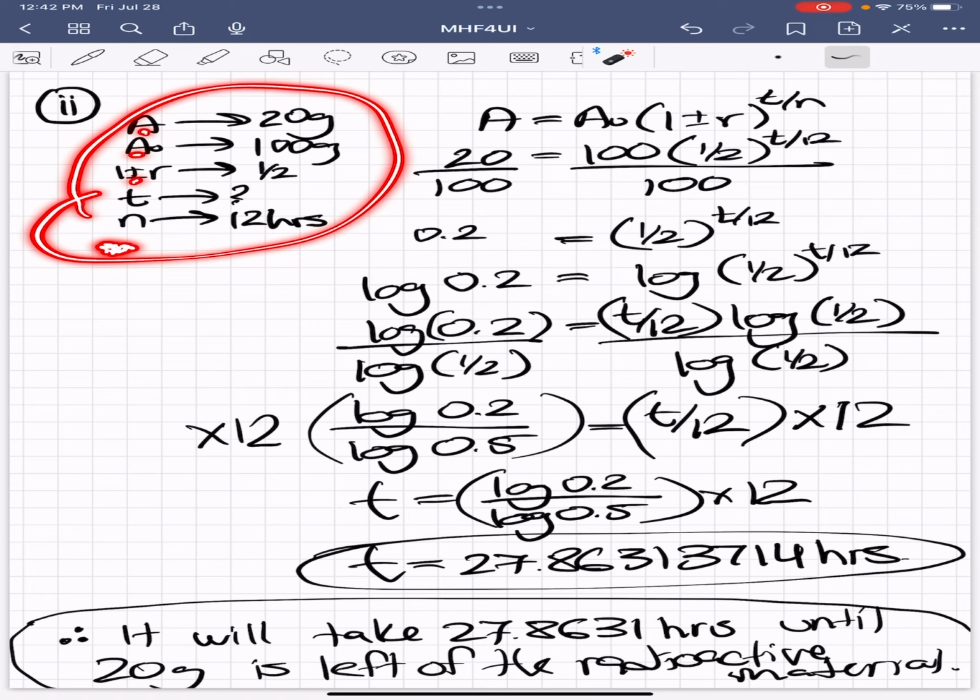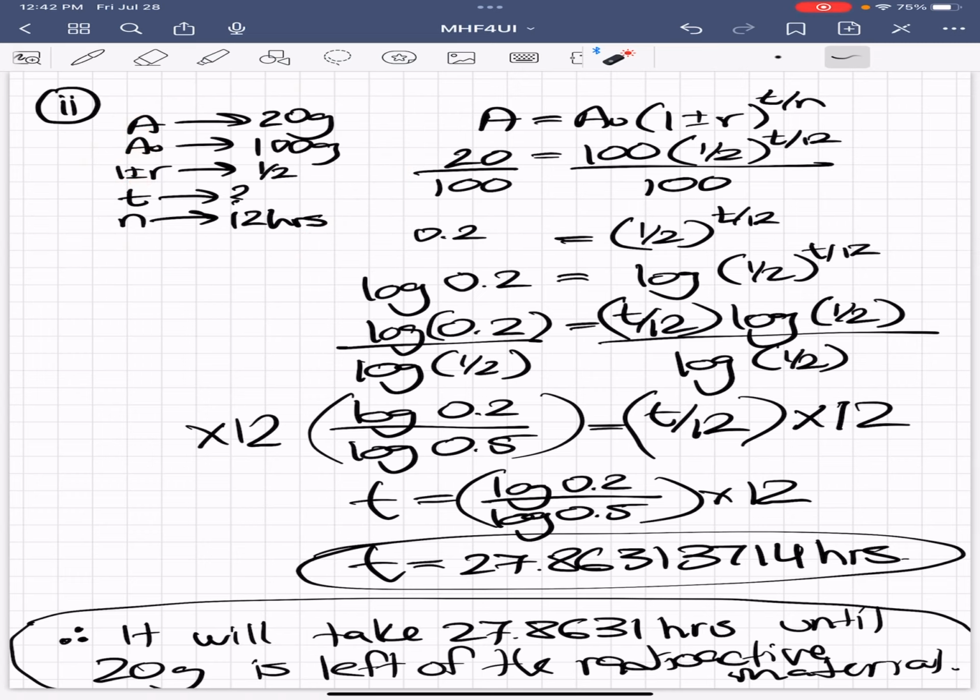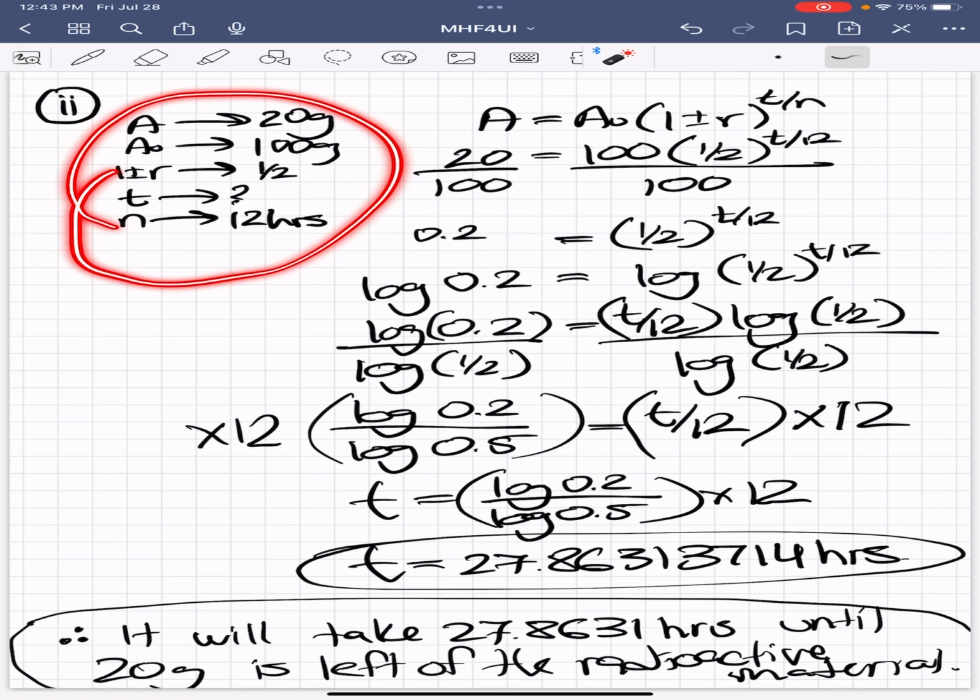We solved for t, and our t was the time elapsed: how long until we have 20 grams left? And then our growth and decay time was 12 hours. It was specified in the question that it had a half-life of 12 hours. So that's what our legend means.